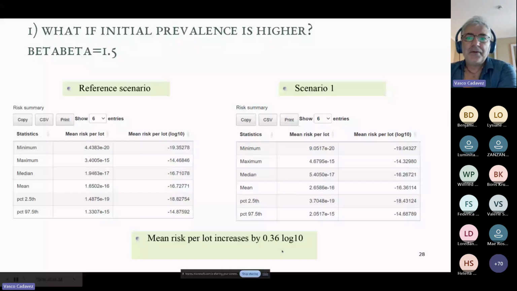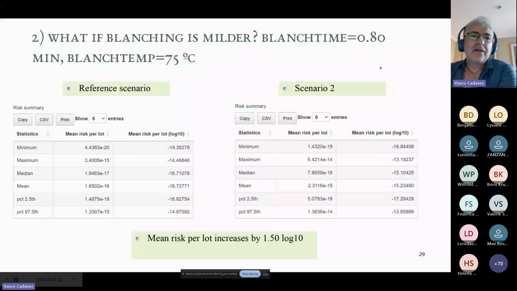Okay, now if you have a blanching that is milder, what will happen? So a blanching that is not correct or not normal in the reference scenario. And if you take a look at the mean, this number changes from 16.7 to 15.2.